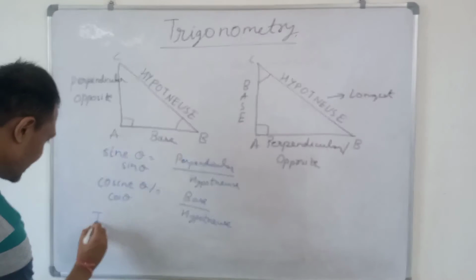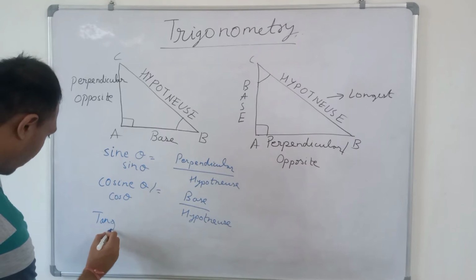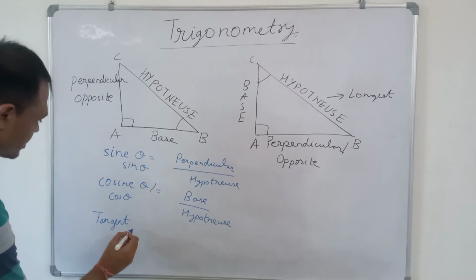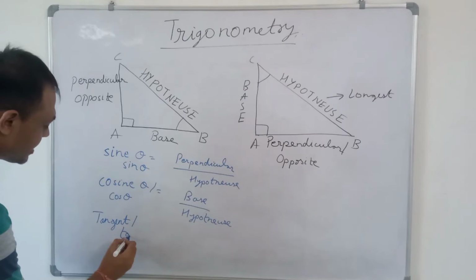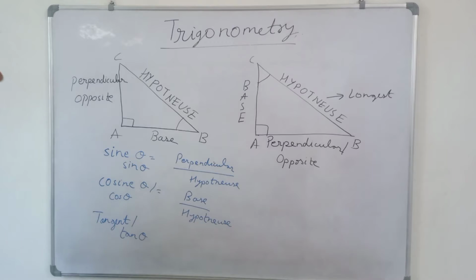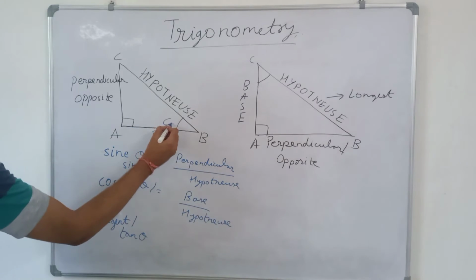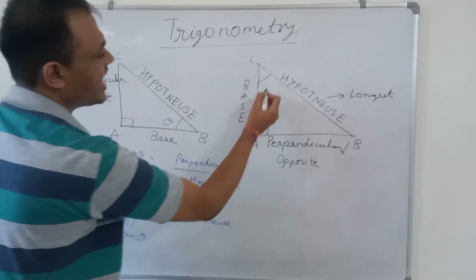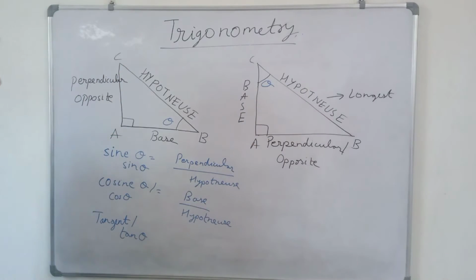Then there is tangent, or tan theta. Theta is this angle. This angle B is theta and this angle C is theta.